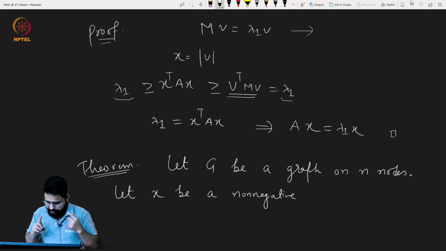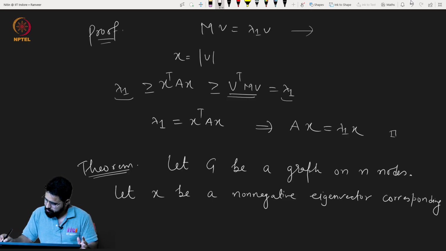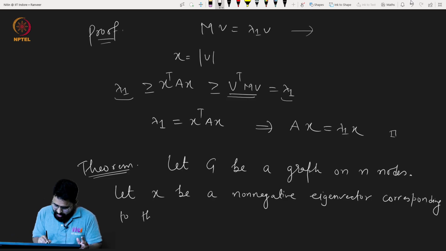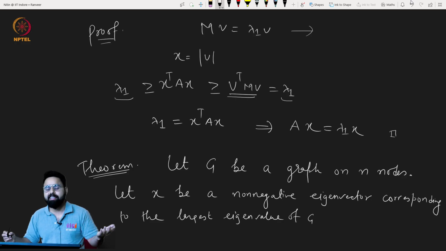corresponding to the largest eigenvalue of G, basically the adjacency matrix.